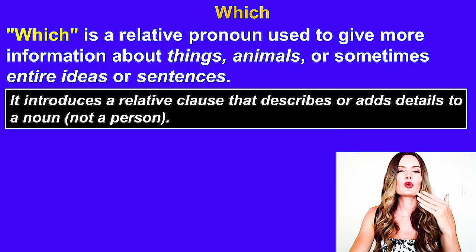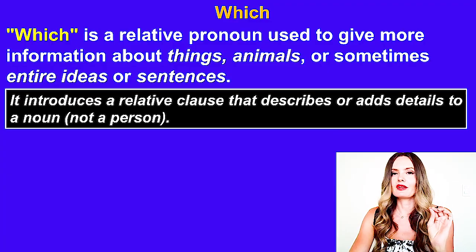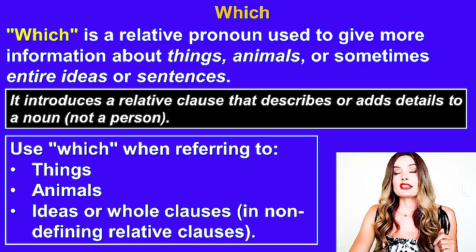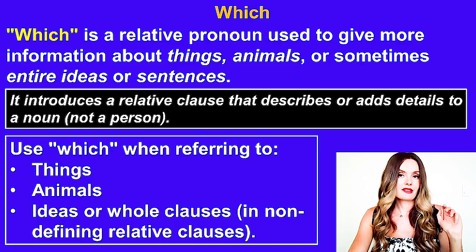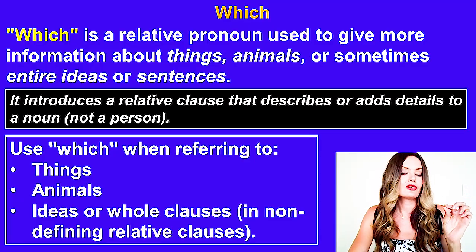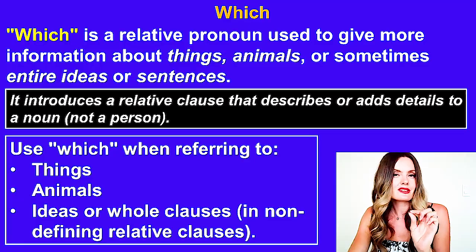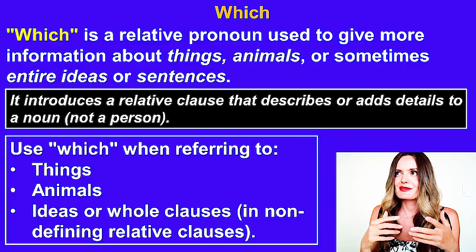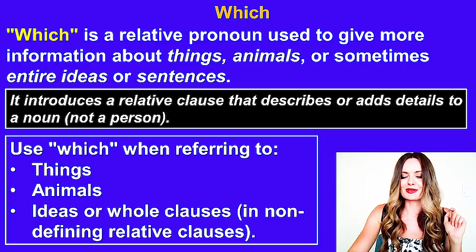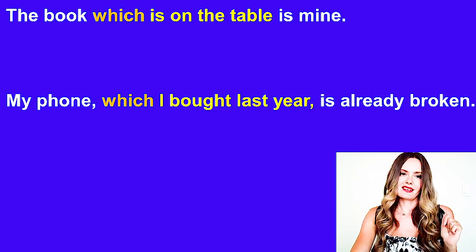So we use which when we want to give more information about things or animals, but not people. It's important to remember. Use which when referring to things, animals, ideas, or whole clauses in non-defining relative clauses. Soon you will know the difference between defining and non-defining relative clauses. Don't worry. So let's take a look at these examples.